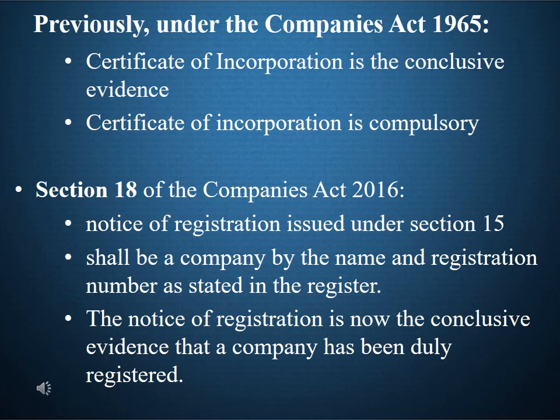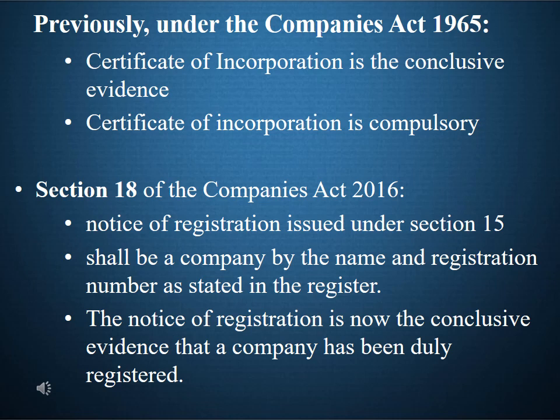Comparatively, under the Companies Act 1965, the certificate of incorporation is conclusive evidence that the company has been incorporated. In fact, the certificate of incorporation is compulsory. However, Section 18 of the Companies Act 2016 provides that the notice of registration that is issued under Section 15 is most important.